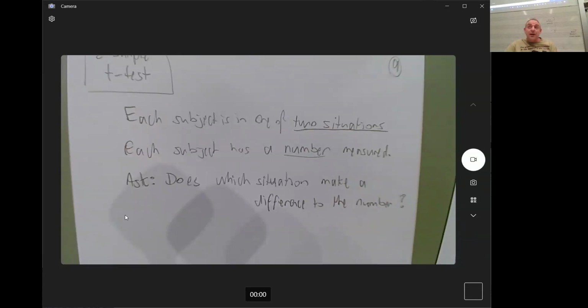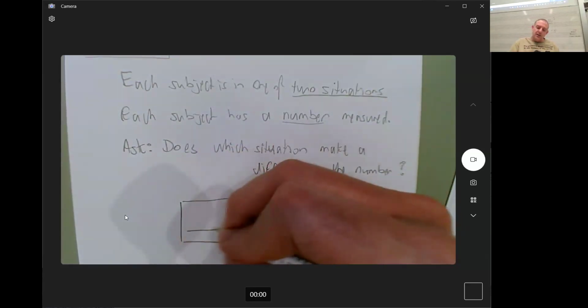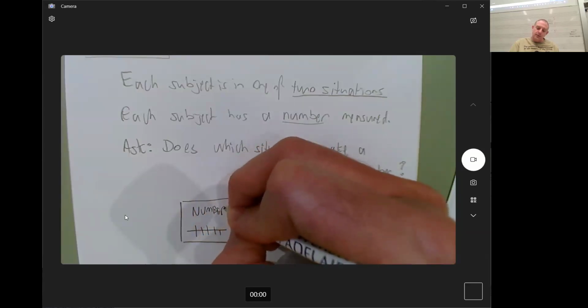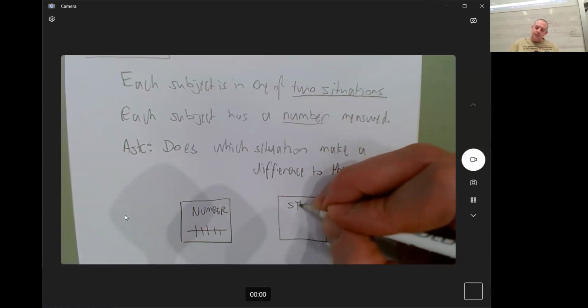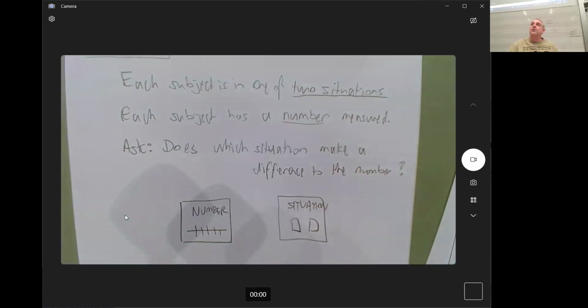We do it by talking about means, but that's not what the research question in our mind is. And here's a picture of what that looks like. Every individual has a number, and they also have a situation which has 2 possible situations they could be in.